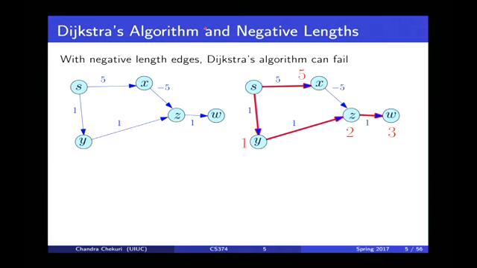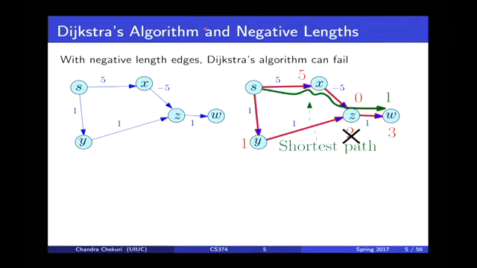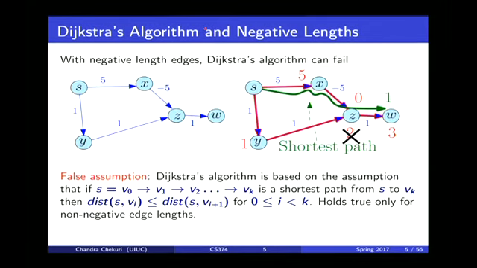Why doesn't Dijkstra's algorithm work when there are negative length edges? This teaches us about why Dijkstra's algorithm works in the first place, what assumptions were used in the development of Dijkstra's algorithm. So that's clearly wrong, and the false assumption is, what was the principle behind the development of Dijkstra's algorithm? The principle is the following.